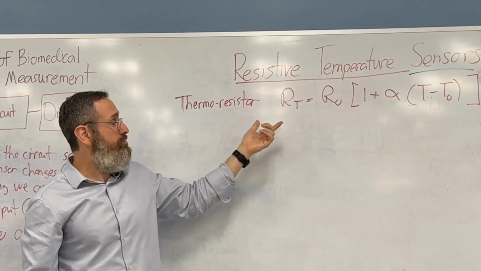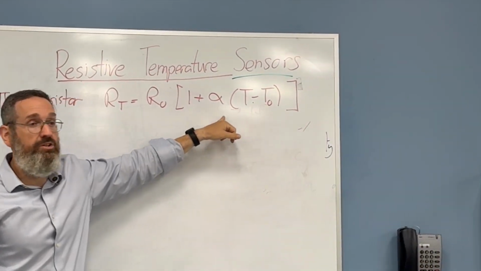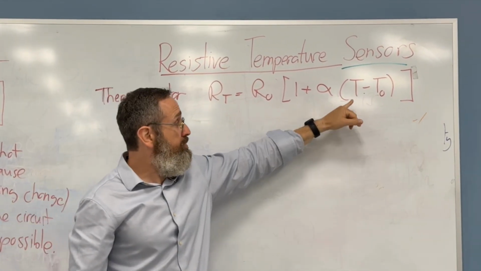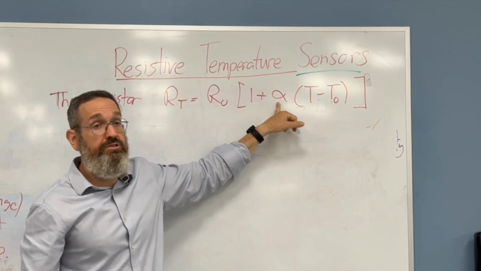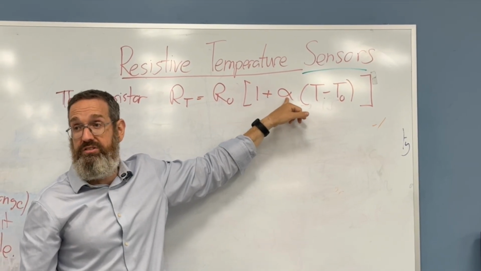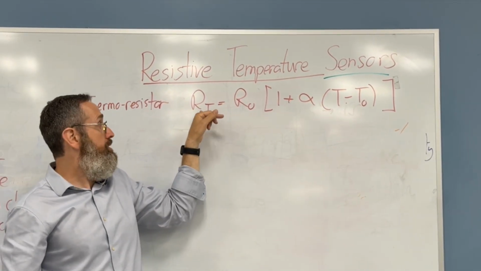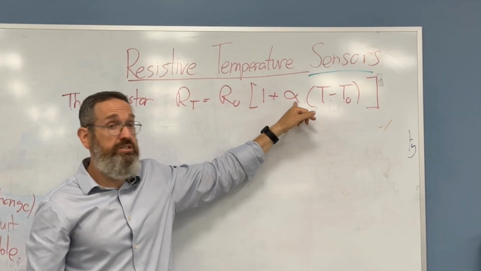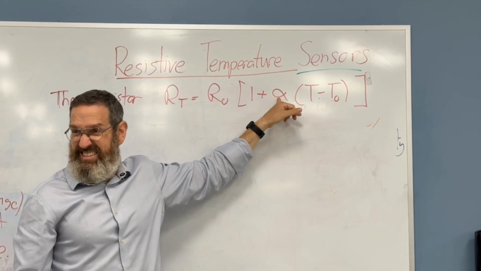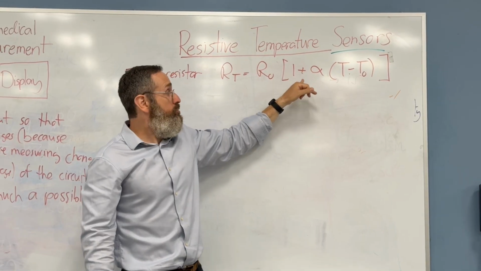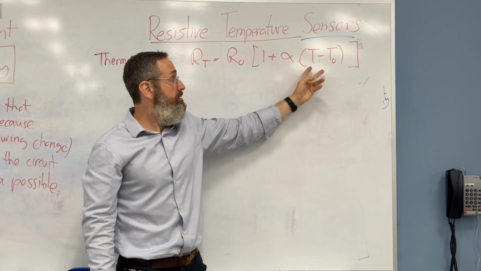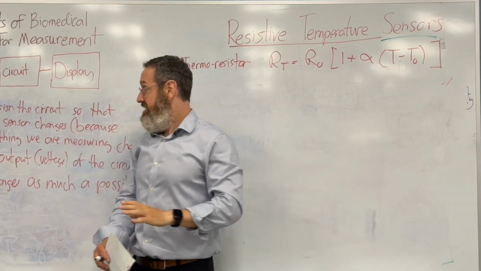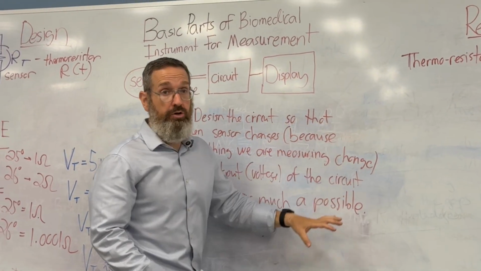Thermoresistors are characterized by this equation, and their resistance changes with temperature. This temperature coefficient of resistivity is very critical to how much this resistance is going to shift. If this parameter is small, and it is, then when the temperature changes, this is not going to move very much, and that is problematic given our overall goal.